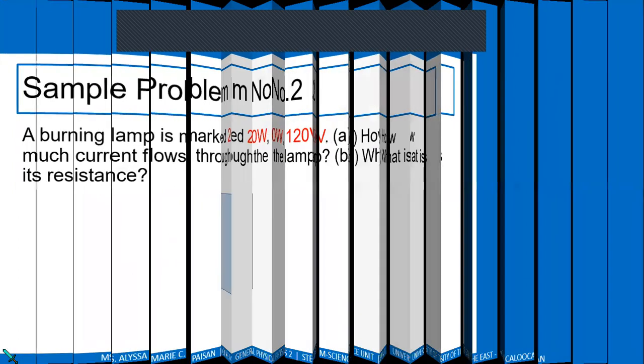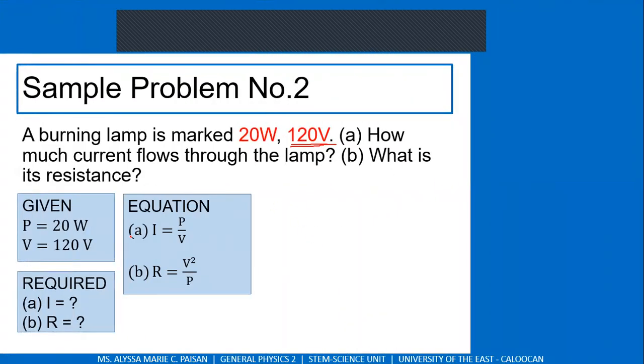So, ako magsusulat. Ayan. So, the I is equal to P over V came from, kung babalikan natin yung listahan ng mga equation natin for power and energy, it's P equals IV. So that we could get an equation for current with factors power and voltage. Ito yung pipiliin natin and just divide both sides by V. Makakancel na yung V. And ito yung kalalabasan niya.